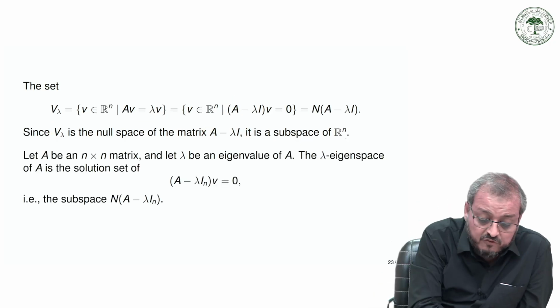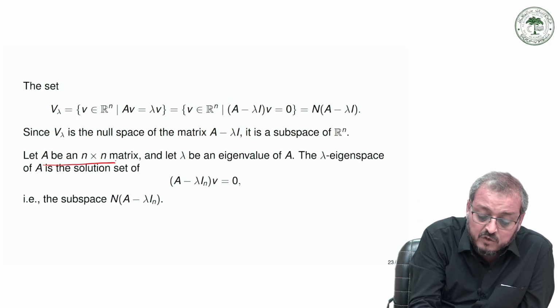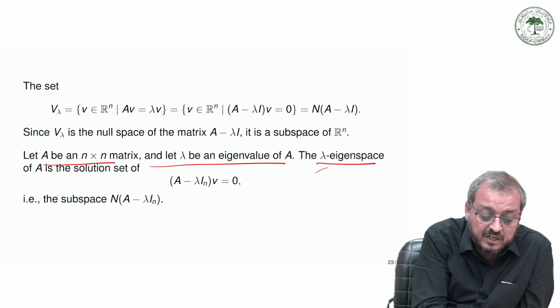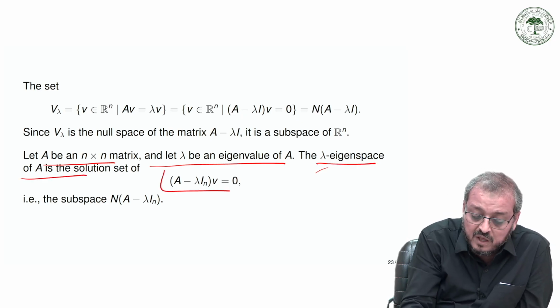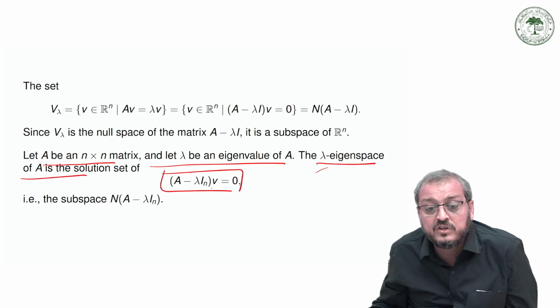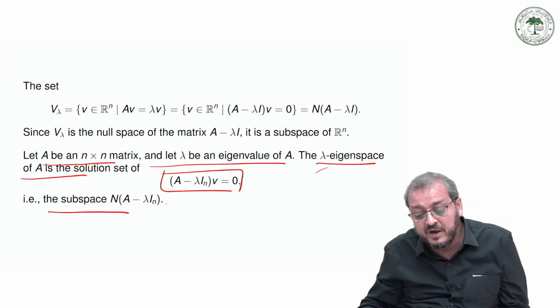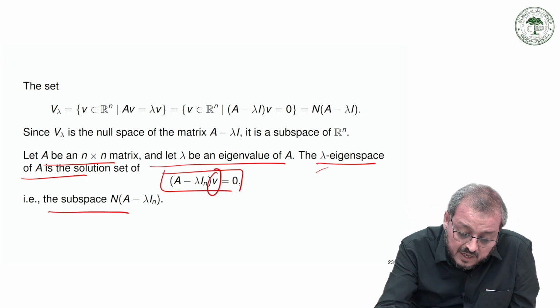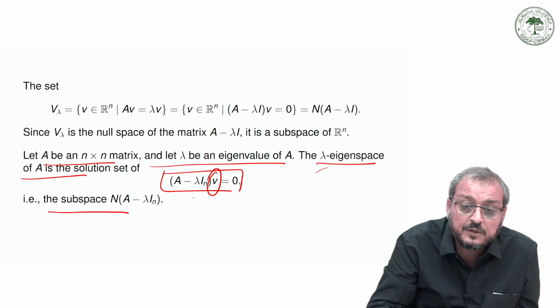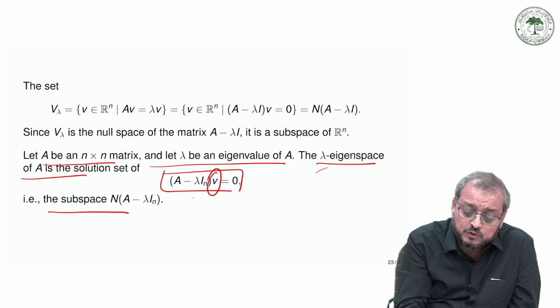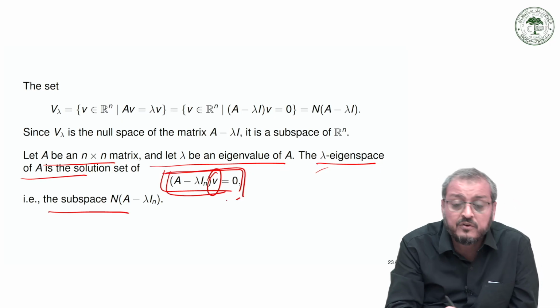Okay, so now if A is an n by n matrix and lambda is an eigenvalue of A, then the lambda eigenspace of A is the solution set of A minus lambda I times v equal to 0. So this is a subspace. This means for finding the eigenvector corresponding to lambda, we have to solve this homogeneous system of equations.